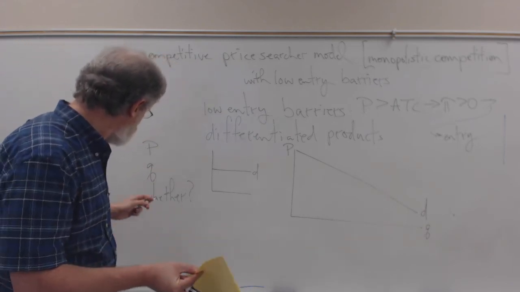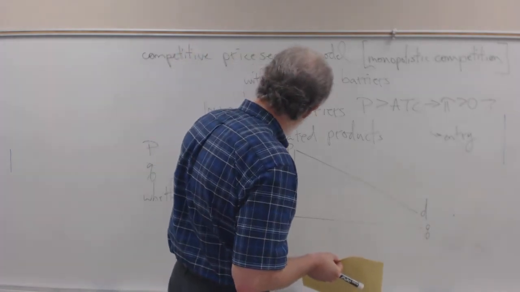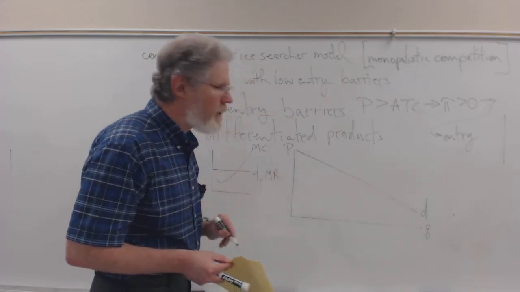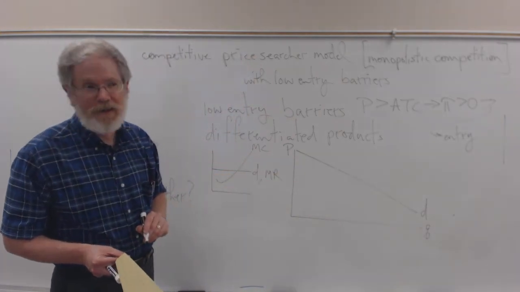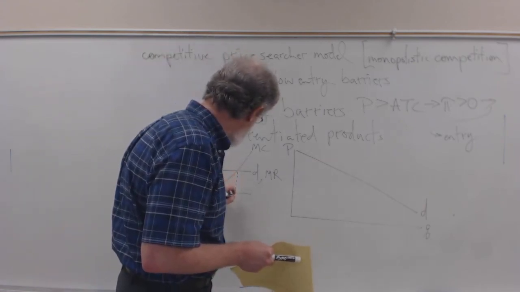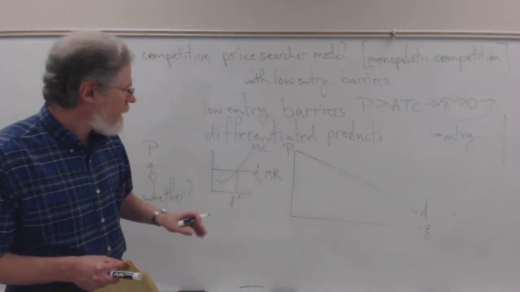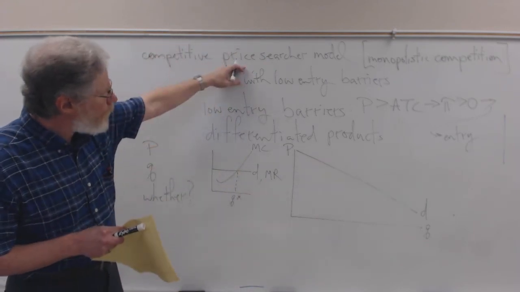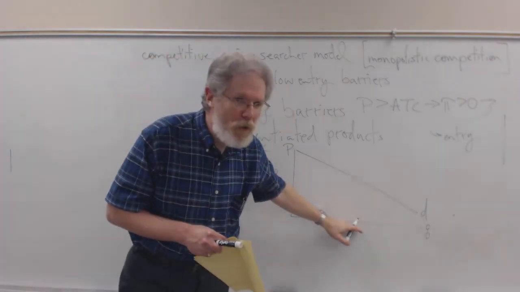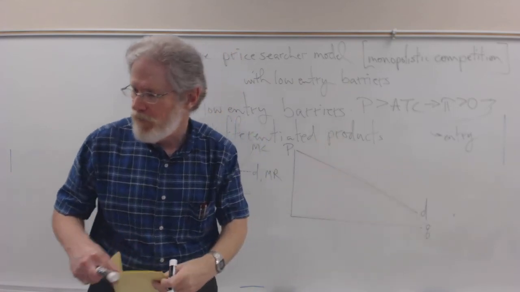For the price taker, we said he will get maximum profit by producing where what is equal to what? Marginal revenue equals marginal cost. That is true for every firm. And so for the price searcher firm, he wants to know at what quantity will my marginal revenue equal marginal cost.